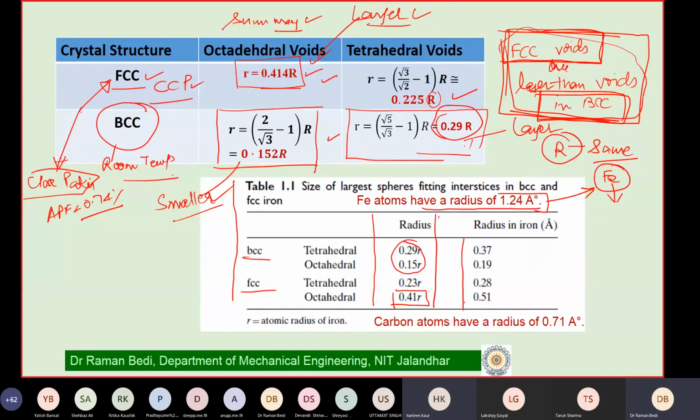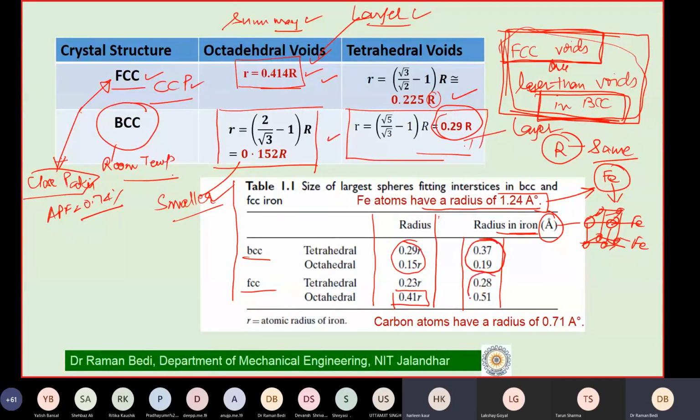And this column tells me the radius of this void when the atoms are iron, in angstroms. When the main lattice point atoms in the FCC or BCC lattice are iron, Fe, the radius of the largest sphere which can fit into the voids created by these iron atoms is given by this size.